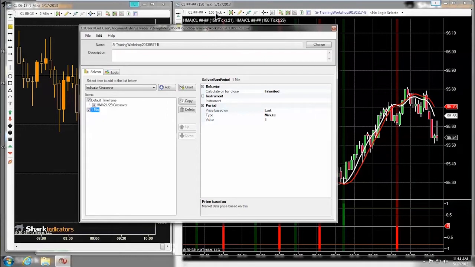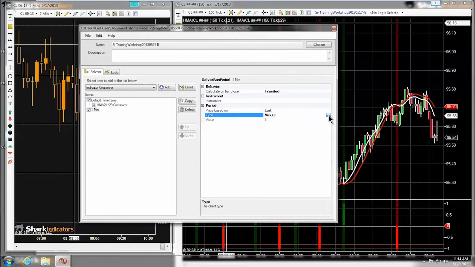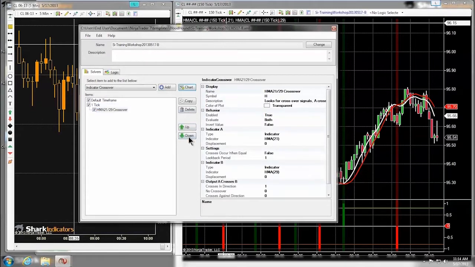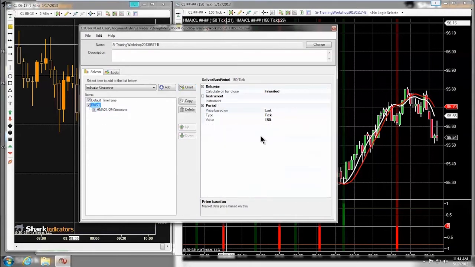So this is kind of redundant on the tick chart, but it'll make sense because I want to run the same template on the 5-minute chart and on the 150 tick chart. Let me switch this over to ticks, 150. All right, so I'm going to move this down. All right, 150. Okay.